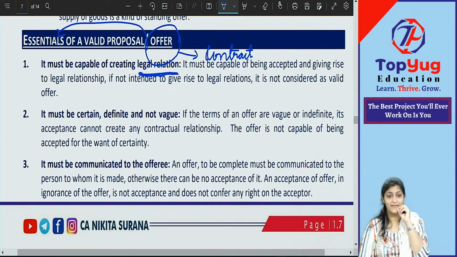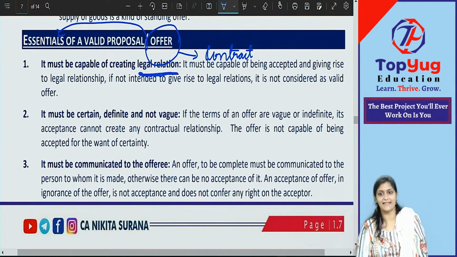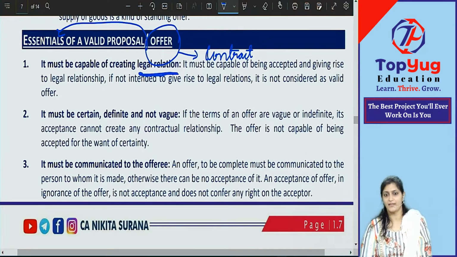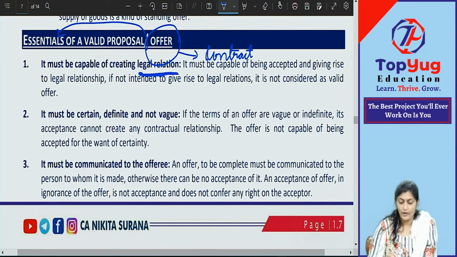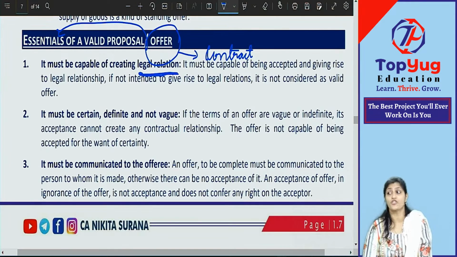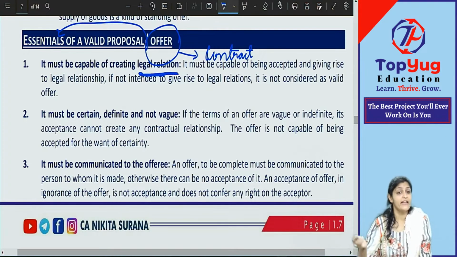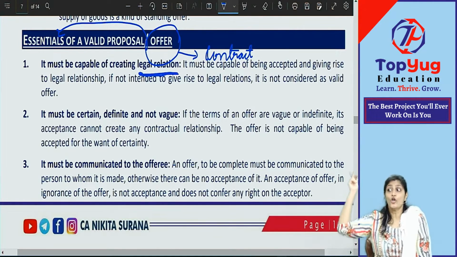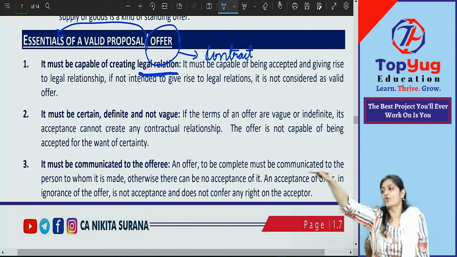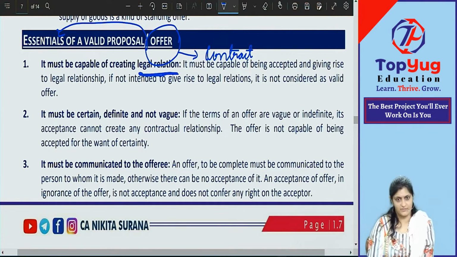Anything else? Think and tell me. It should be capable of creating legal relation when the person who is making the offer has the intention to take the other party to court of law if something wrong happens.